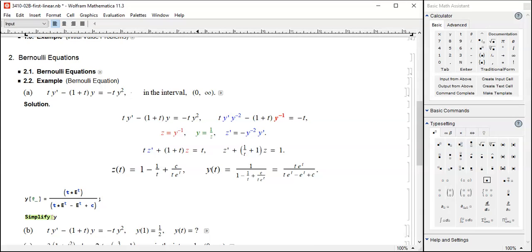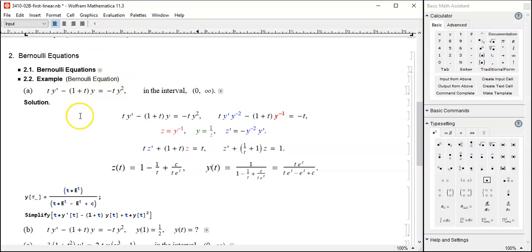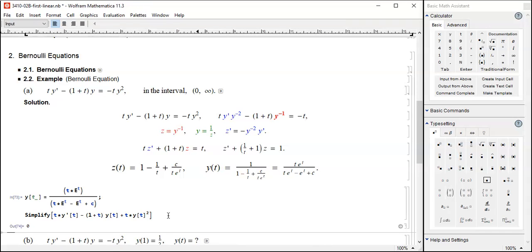Simplify t times y prime of t minus 1 plus t y of t plus t times y squared, after flipping this one to the other side. Shall we check? Yes, indeed. That's 0.